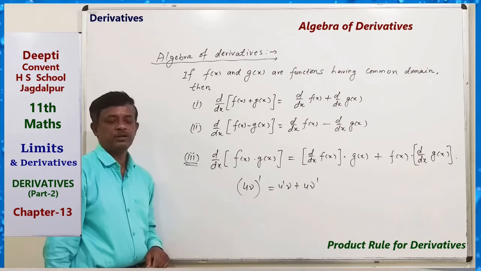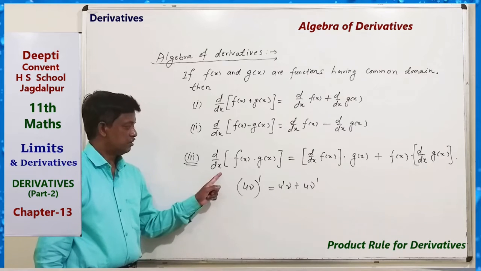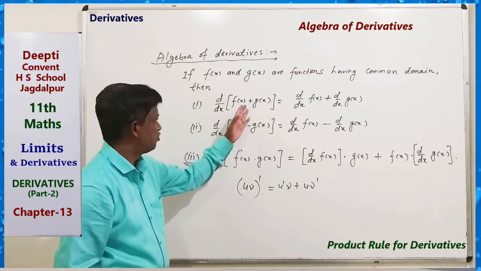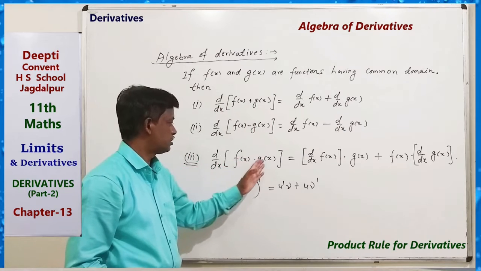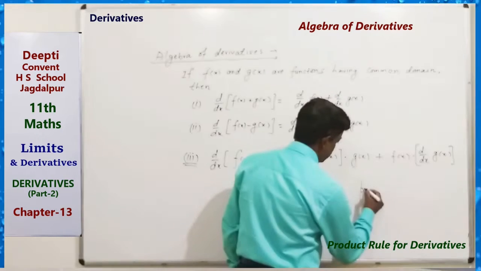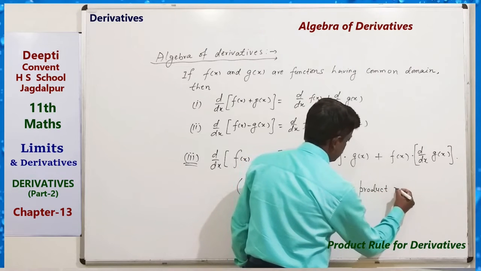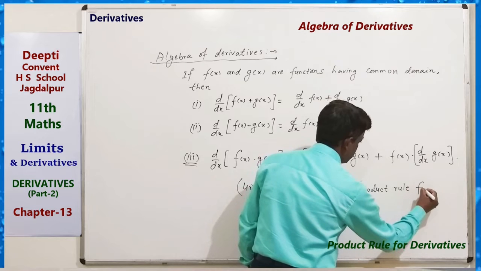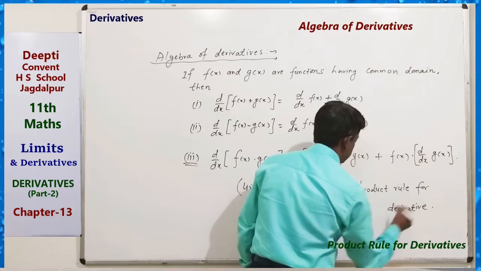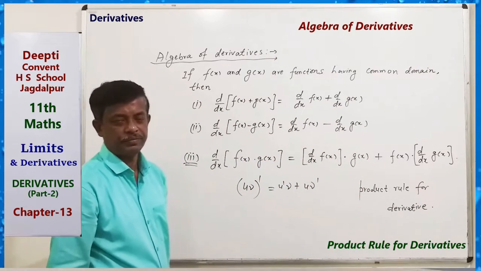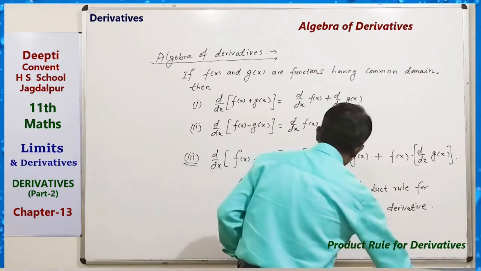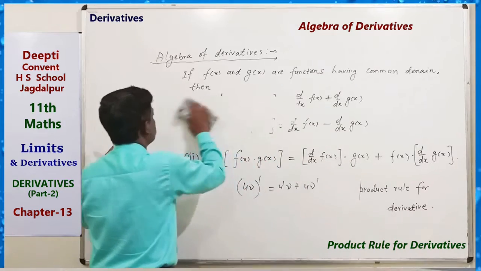This is a very, very important formula. So, algebra of derivatives: derivative of addition of functions, subtraction of functions, product of functions. This is the product rule for derivatives. Okay, now fourth is the division rule. The division rule is also a very, very important formula.